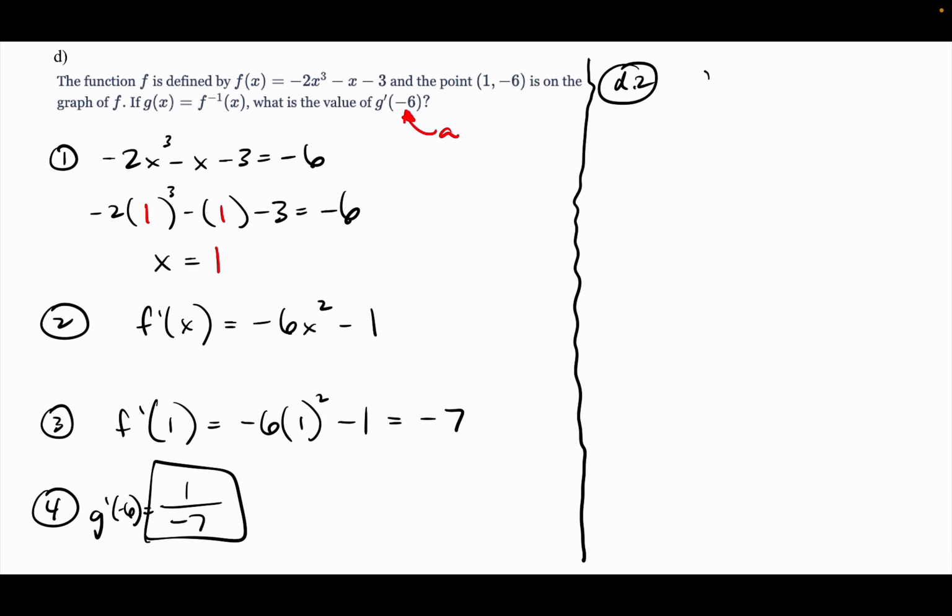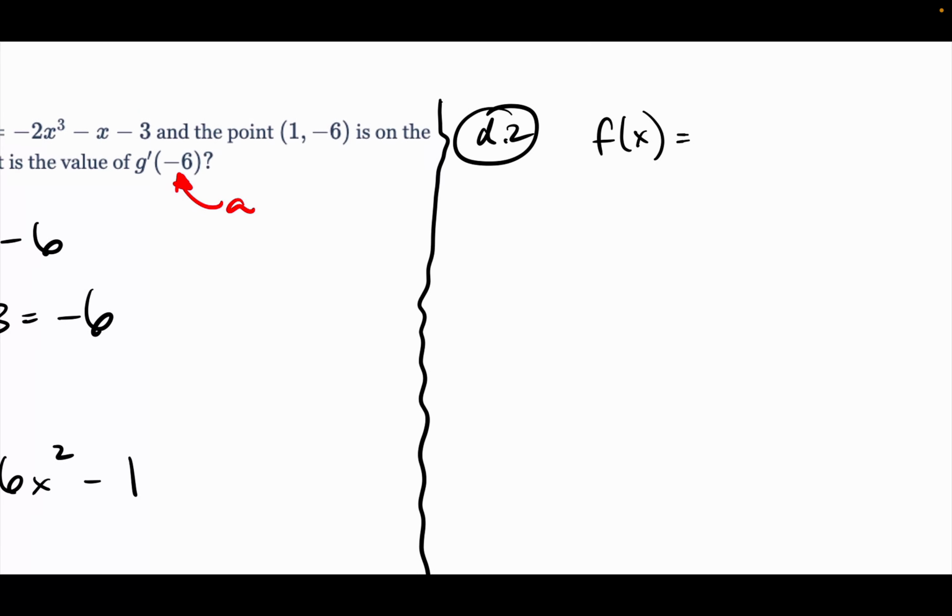So f of x, I'm not going to give you the whole thing. I'm just going to say f of x equals negative x cubed plus x squared minus 4x. f inverse of x is equal to g of x.